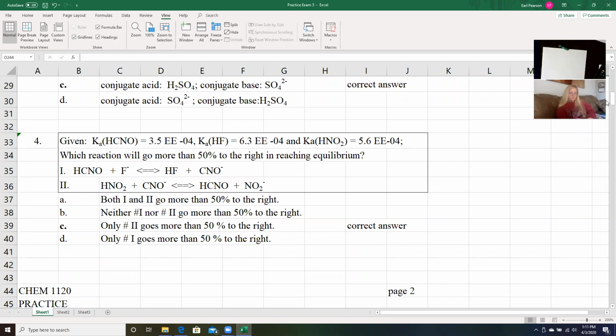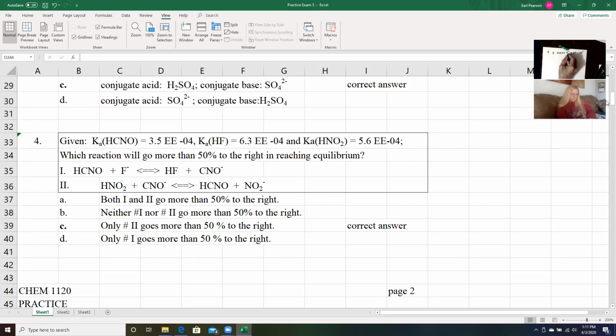You can watch those over there, so I'm not going to copy all the numbers down over here. I'm just going to start working on the problem. Number 1 is HCNO plus F minus goes to HF plus CNO minus.